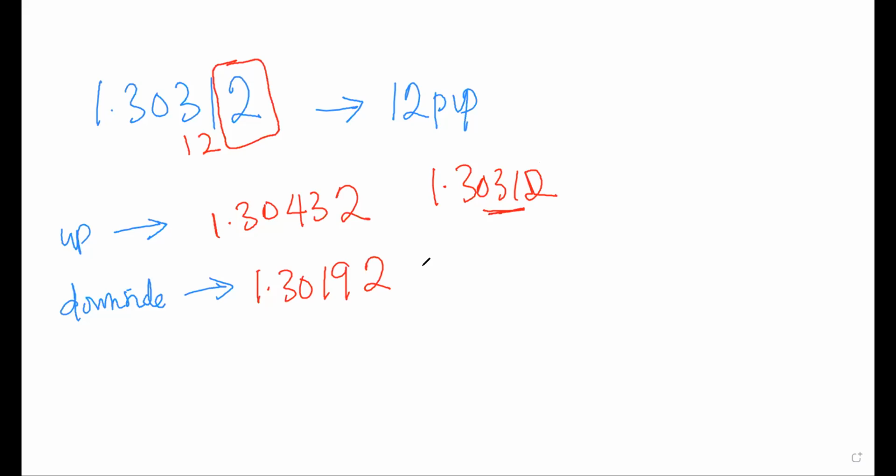So you add the 115 to 031. That means it's going to be 1.30146, then you bring back your 2. So I'm literally adding 115 to 031. Do you understand? So that is how you do it.